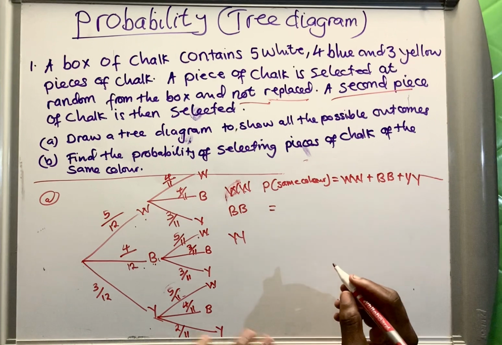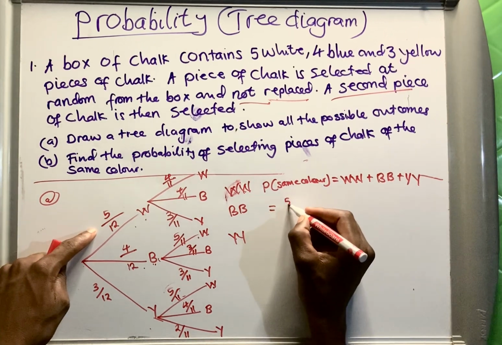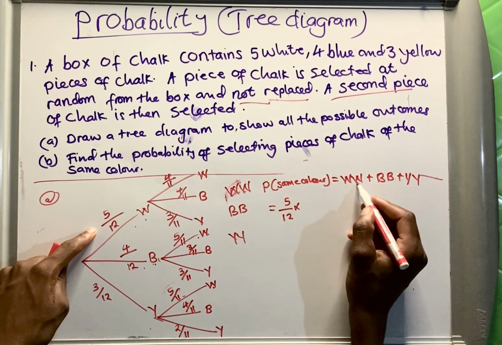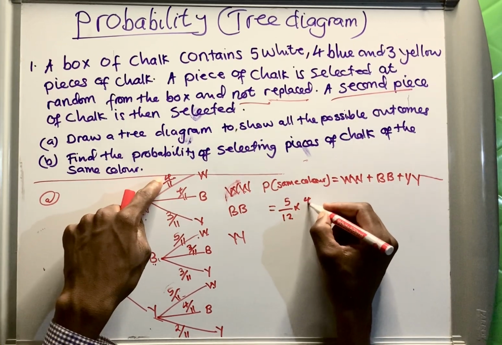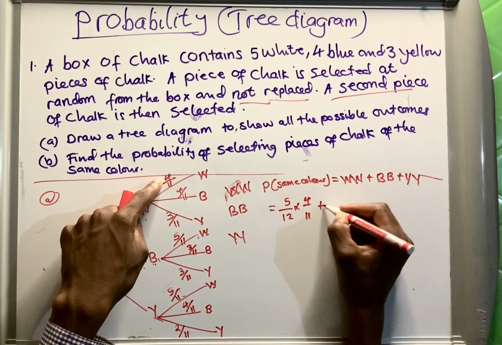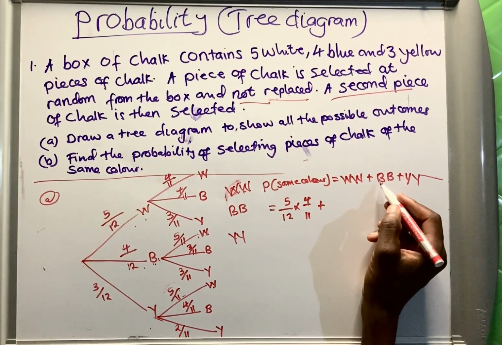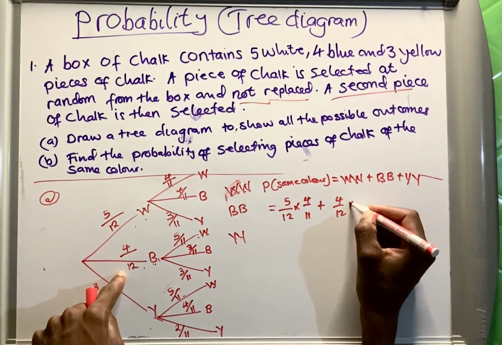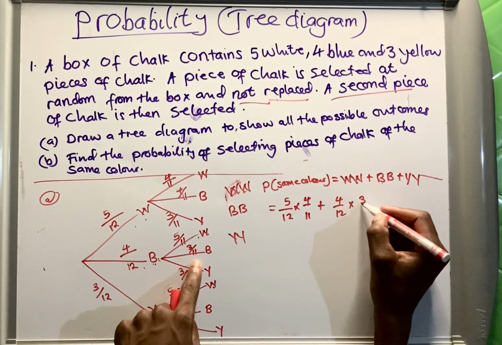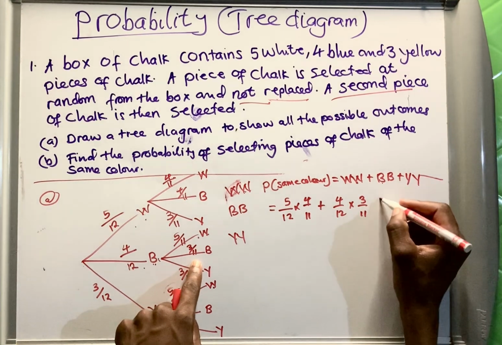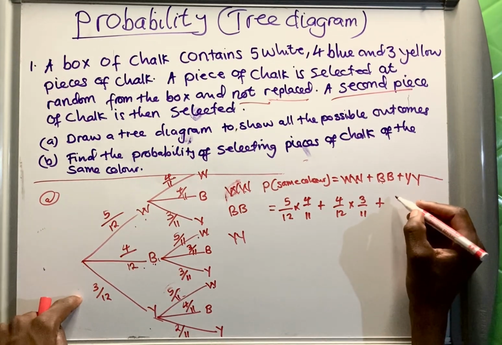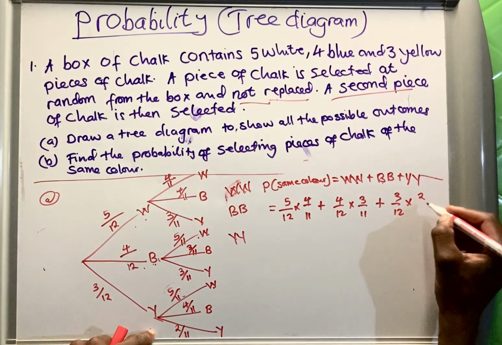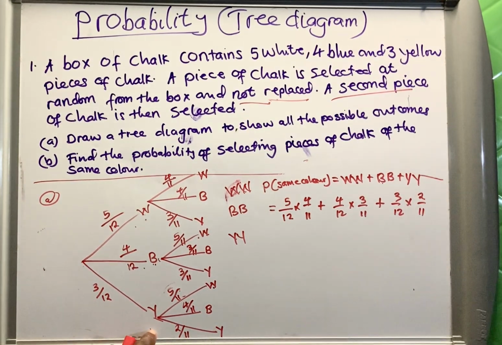So probability of picking white in the first place is 5 over 12, times probability of picking another white, which is 4 over 11, plus probability of picking blue, we have 4 over 12, times the probability of picking another blue, which is 3 over 11, plus probability of picking yellow, 3 over 12, times the probability of picking another yellow, which is 2 over 11.